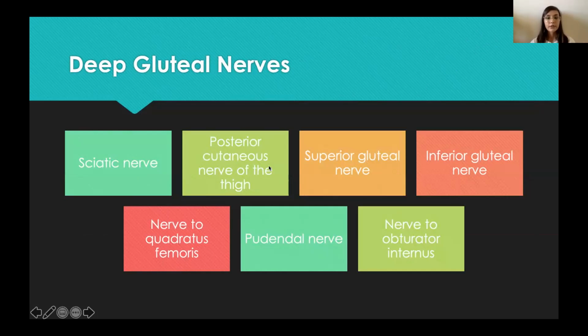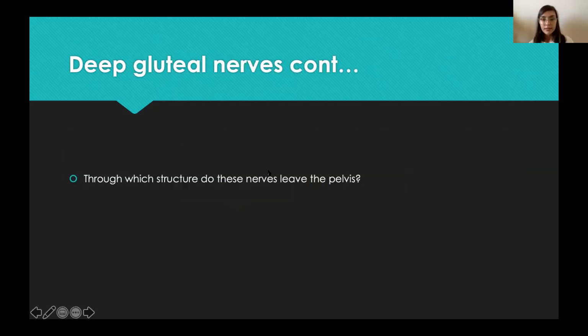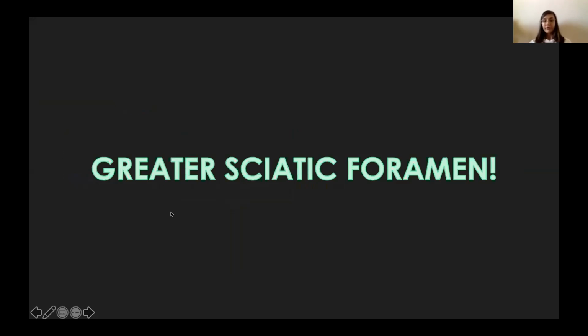Sciatic, posterior cutaneous, superior gluteal and inferior gluteal, nerve to quadratus femoris, pudendal, and nerve to obturator internus. And then to kind of relate this to our lecture, through which structure do these nerves leave the pelvis? It's going to be that greater sciatic foramen.